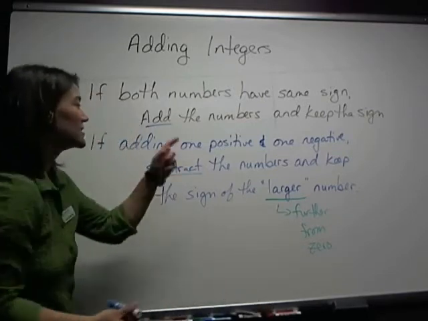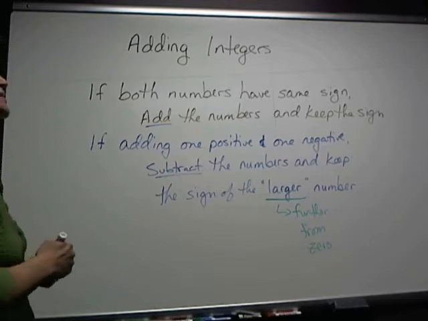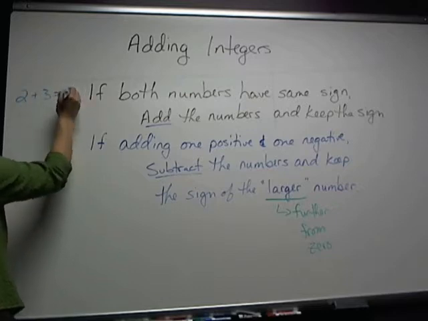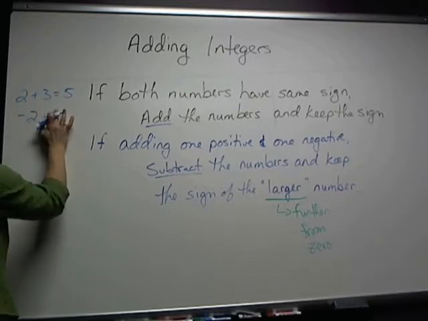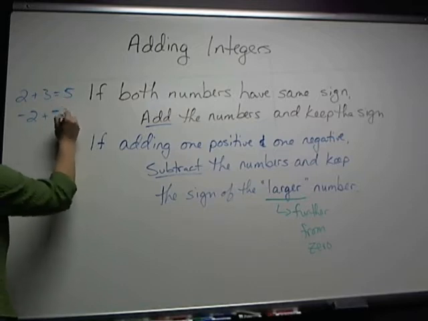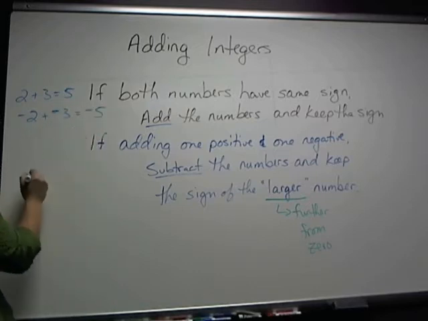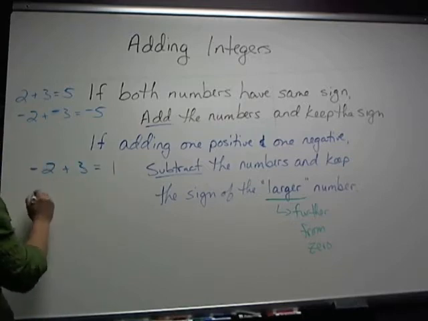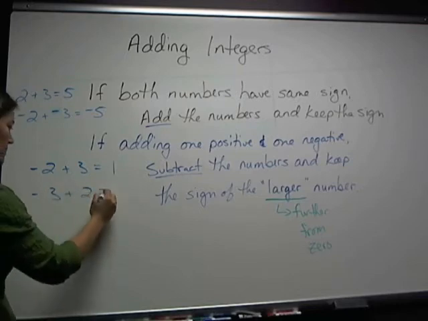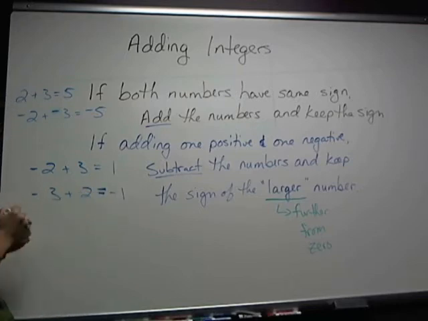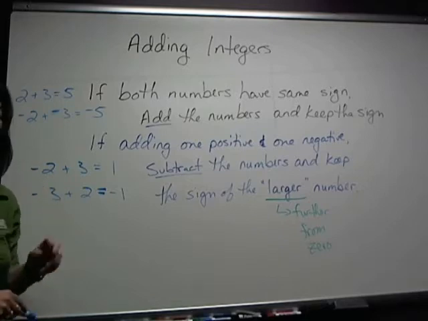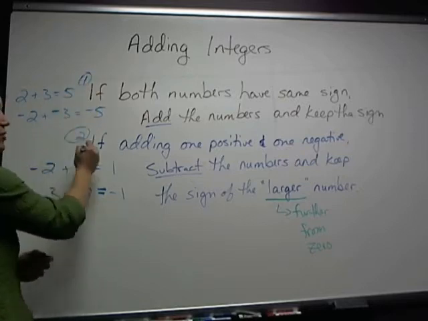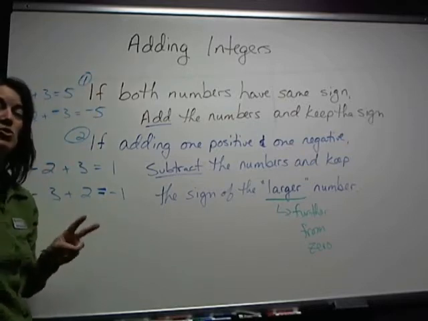If adding one positive and one negative, subtract the numbers and keep the sign of the larger. There are only two rules for adding integers. Either they both have the same sign, or you have one of each. So you only have to know those two rules.